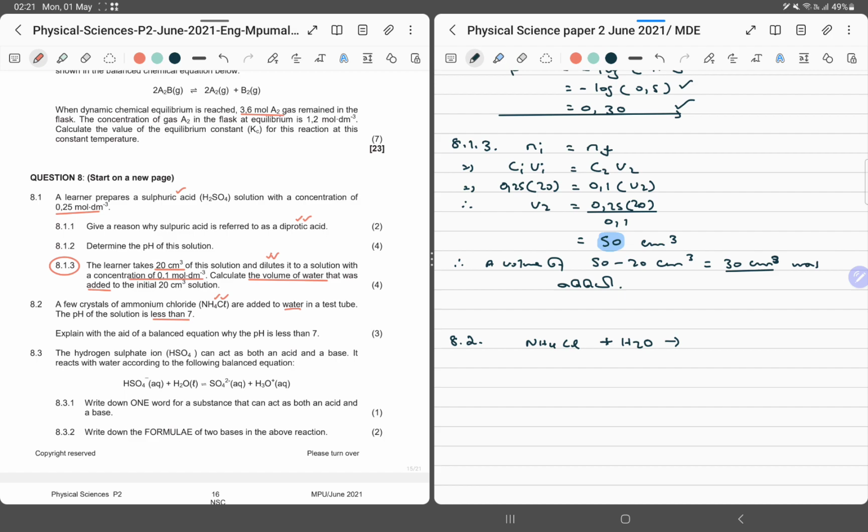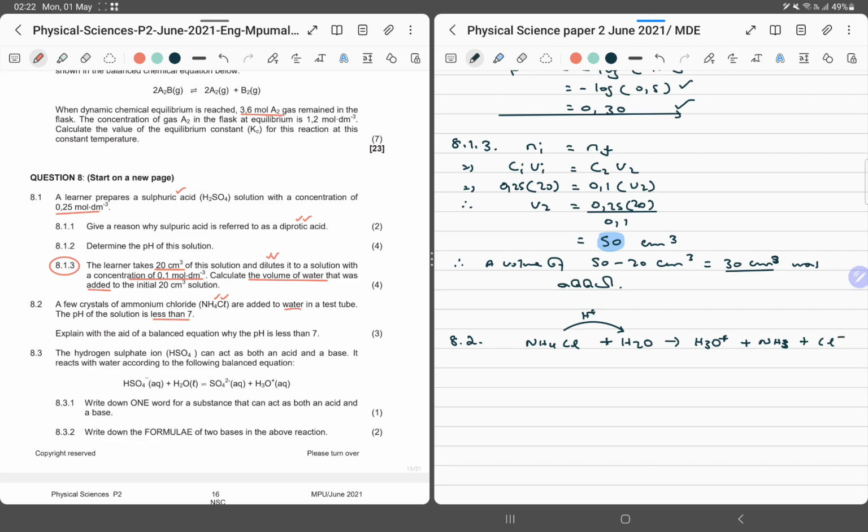But all we know is that this guy is going to protolyze the water because water acts as a base here. So all we're going to end up with is H3O+ because water will accept a hydrogen or a proton. And then now what we end up with here is ammonia, which is a weak base, right? And chlorine.